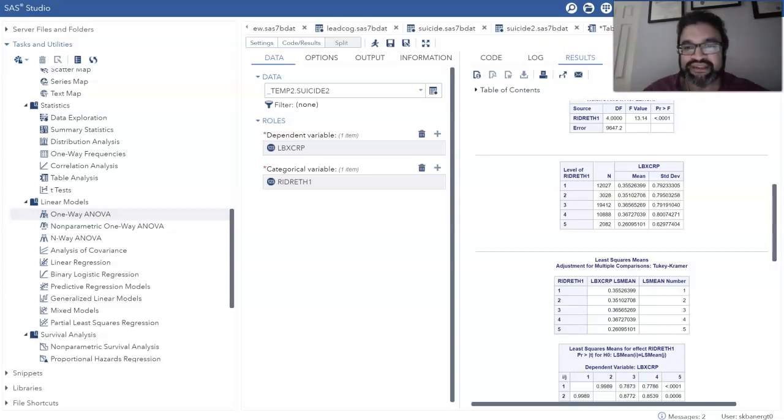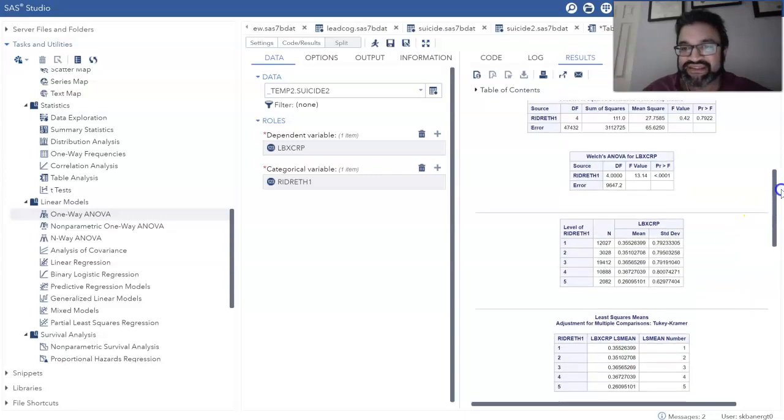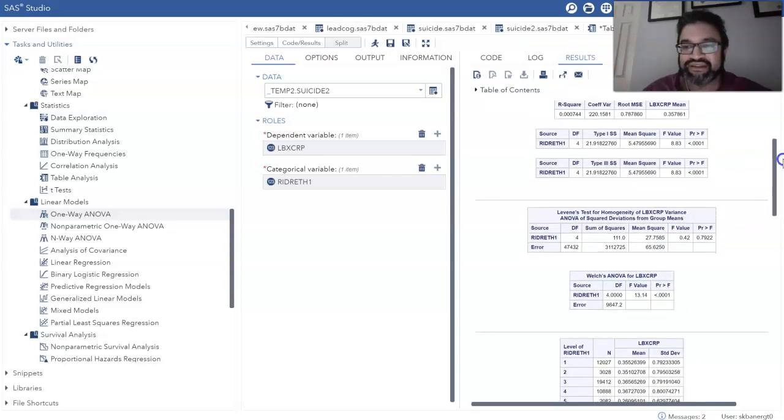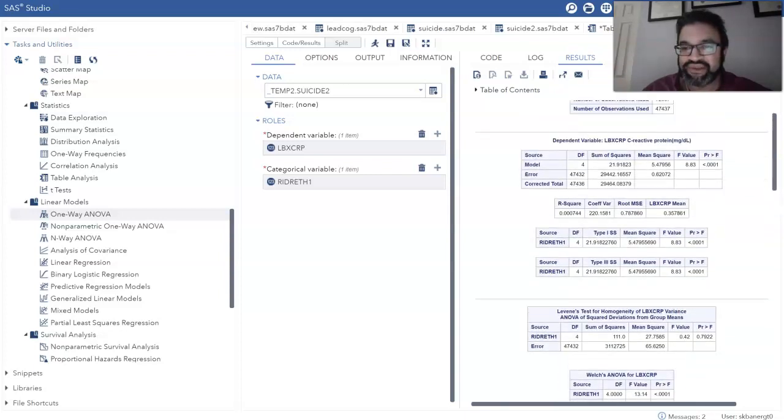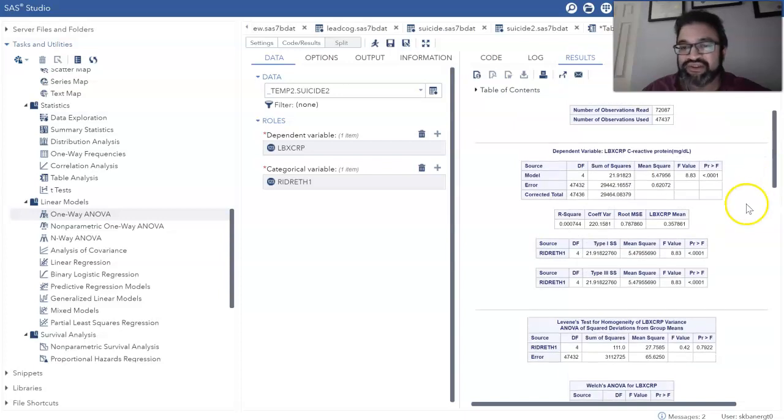In our case, the original F value is 8.83, and the corresponding P value is less than 0.001. So there you have it.